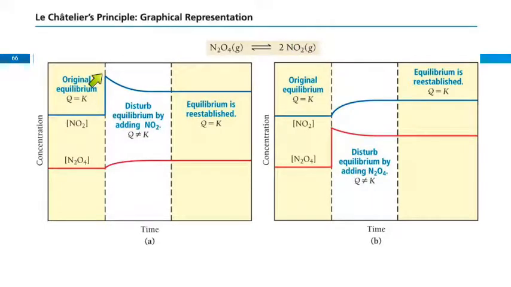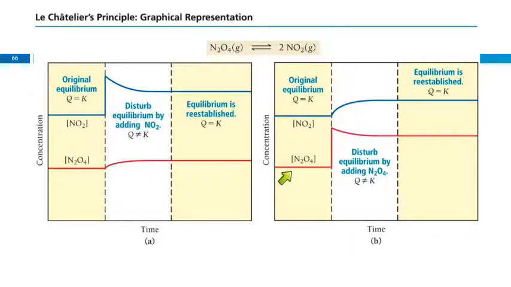Well, that increase is going to react in the reverse, and it's going to form more N2O4. The N2O4 concentration is going to go up as the NO2 concentration goes down until they establish a new equilibrium where K and Q are the same again, and then it's just flat.